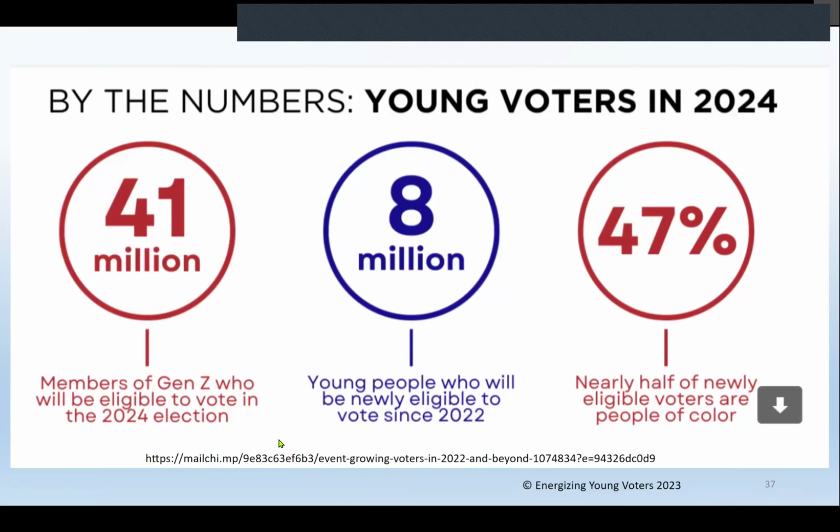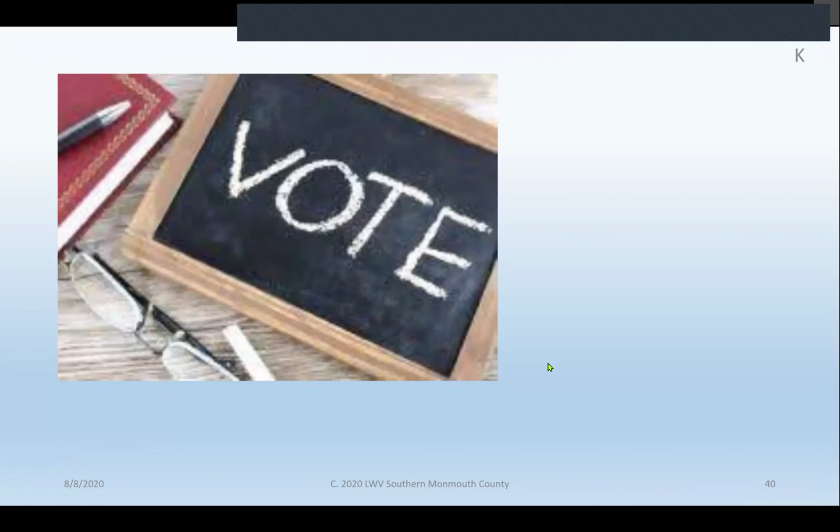In 2024, there will be 41 million Gen Z people who will be eligible to vote in the 2024 election. 8 million of those will be newly eligible since the 2022 midterms. And nearly half of those newly eligible voters are voters of color. Wow, that's impressive.